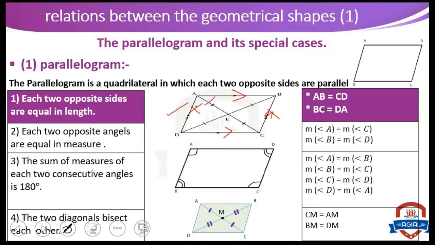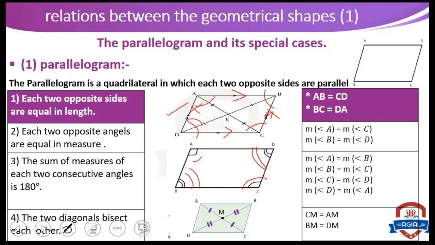So A equals C and the measure of B equals the measure of D, like this shape. And in this shape, A equals C and D equals B.